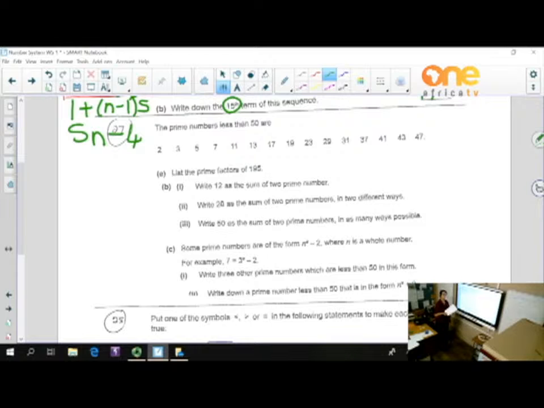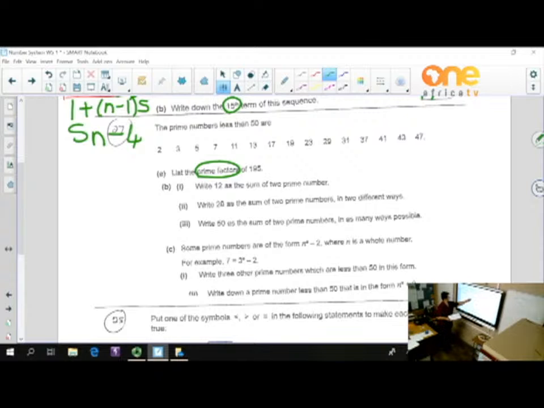So these are all prime numbers. What is a prime number? You can only divide by 1 and itself. 1 is not prime. 2 is the only even prime number. So in the first place, they say the prime factors of 195. What can divide into 195? You have the list there in front of you.